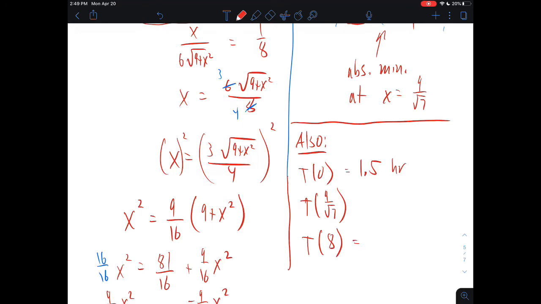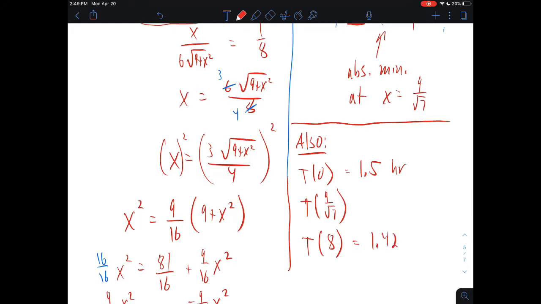If he rode all the way to point B, so no running involved, this would end up being 1.42 hours. And so now let's actually just calculate what he gets for 9 over the square root of 7 as his time for going somewhere between points C and B.